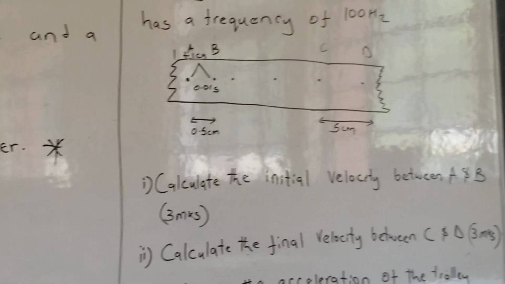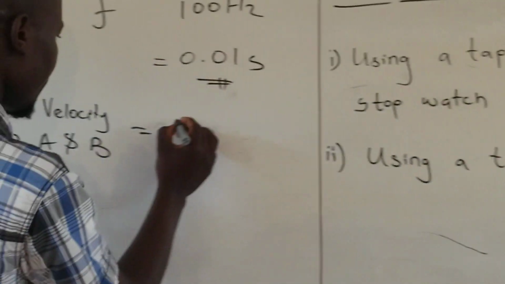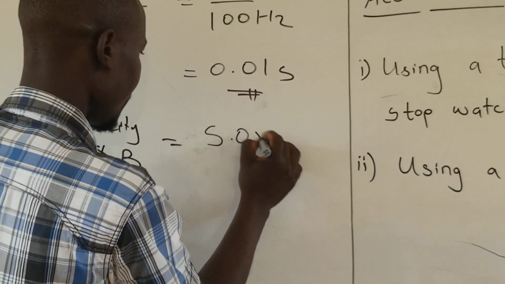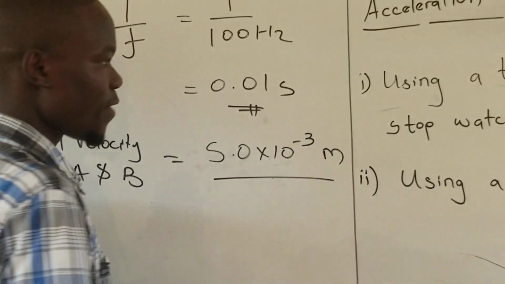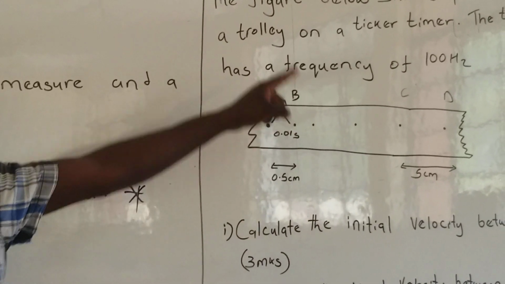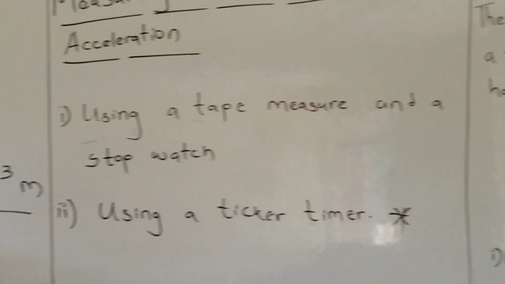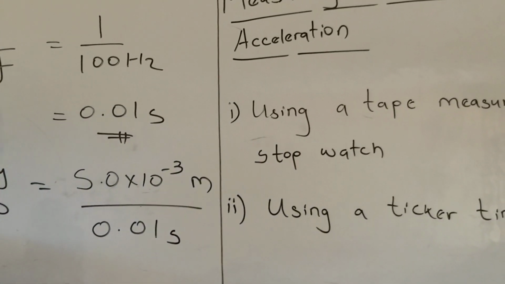How do I change it into meters? I take 0.5, I divide by 100. I'll be having 5.0 times 10 raised to power negative 3 meters. Then I divide it by time, the periodic time that we have just calculated using the frequency there. So the periodic time there is 0.01 seconds.